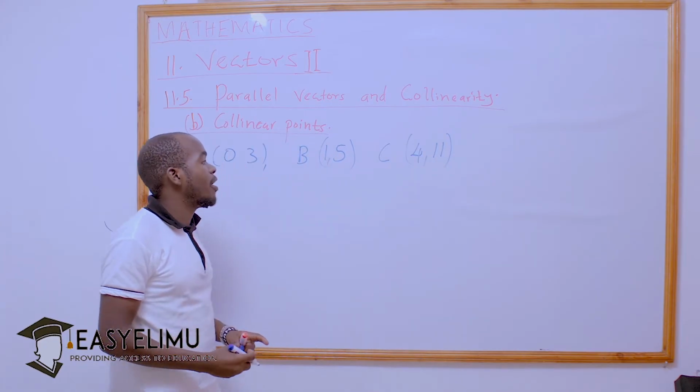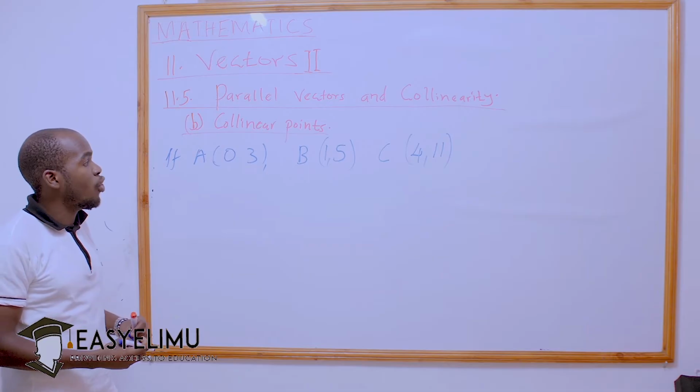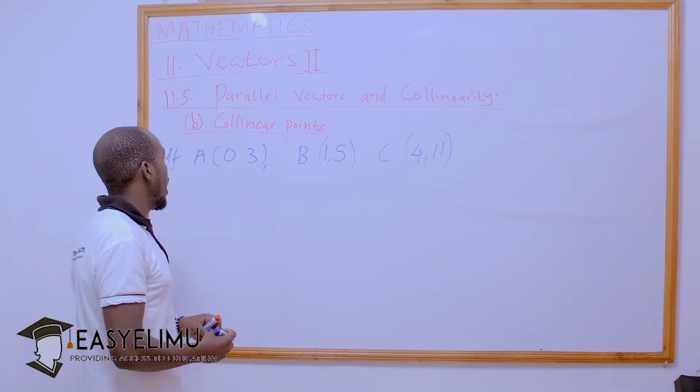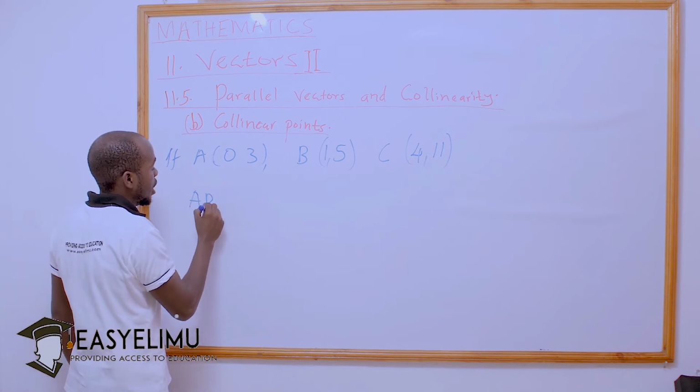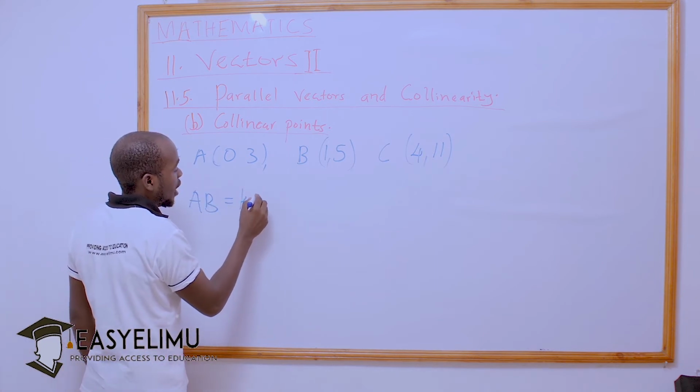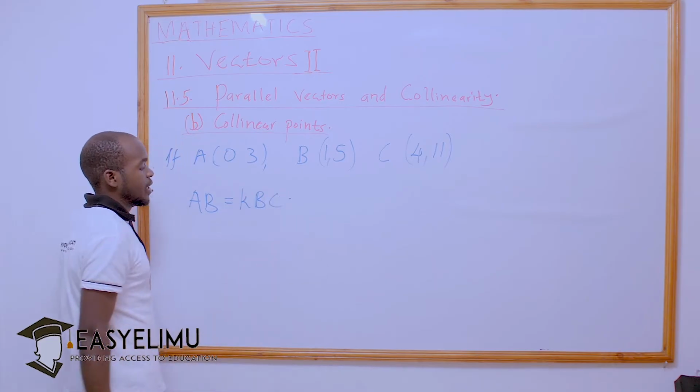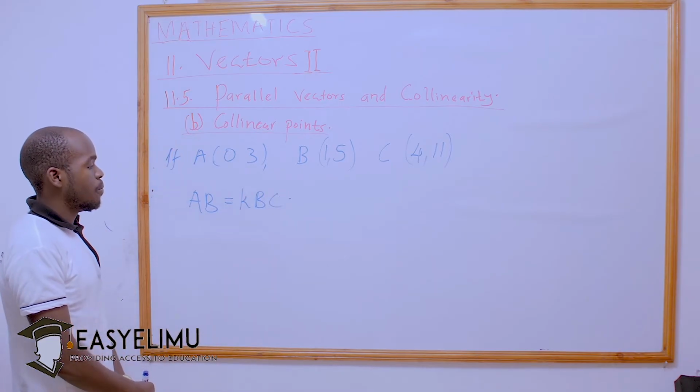We need to find out the collinearity of the points. We shall find AB such that AB should be K BC, a scalar multiple of BC.